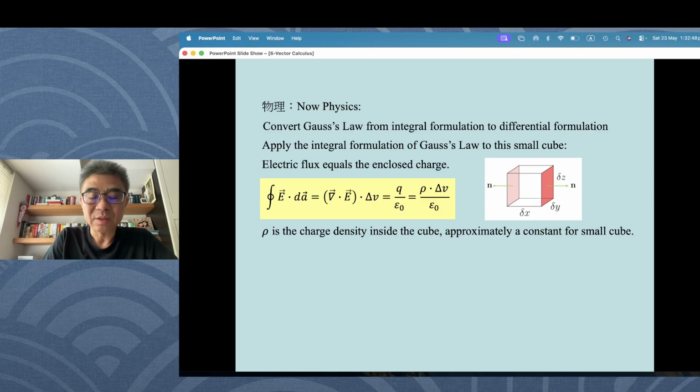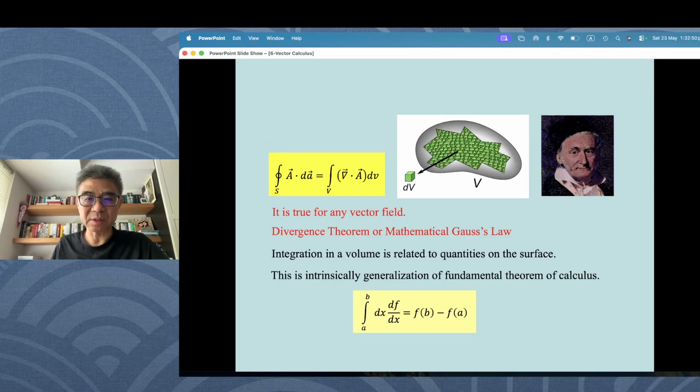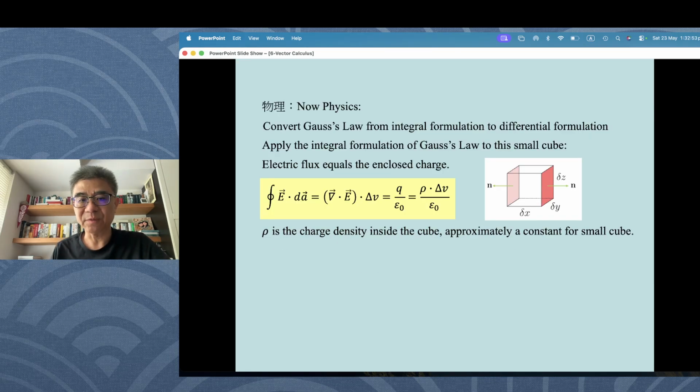Now up to this point, everything is mathematical. Finally, physics. Here, again, our goal is to convert the physical Gauss's law from the integration formula to the differential formulation. So what I'm going to do here is to derive the differential formulation first.